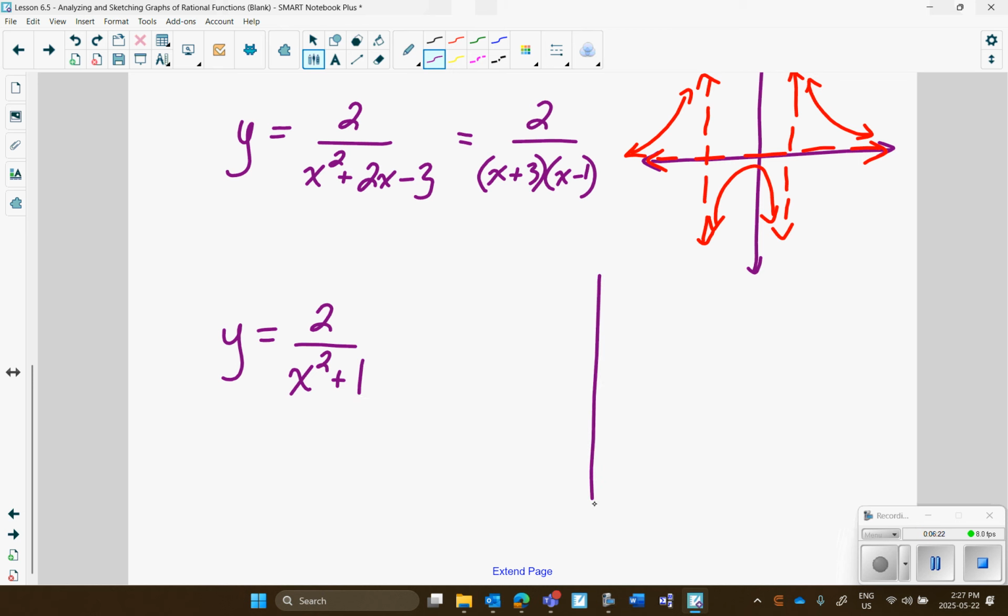Again, the horizontal asymptote was y equals 0. The only time this ever moved was when there was a number after the fraction, right? That was the only time it ever moved. We're going to see how it moves again today, because we're going to look at some different graphs.